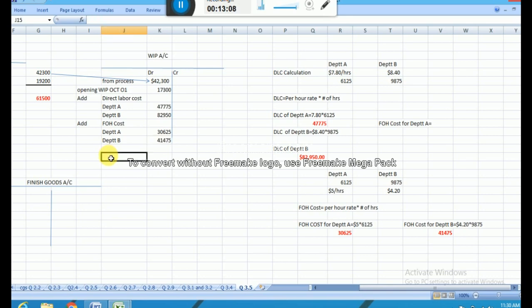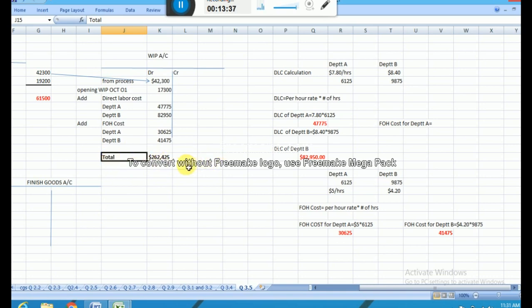Now the total of the debit side will be, we will sum up work in process, materials, direct labor, and factory overhead cost. So that is equal to how much? $2,62,000.